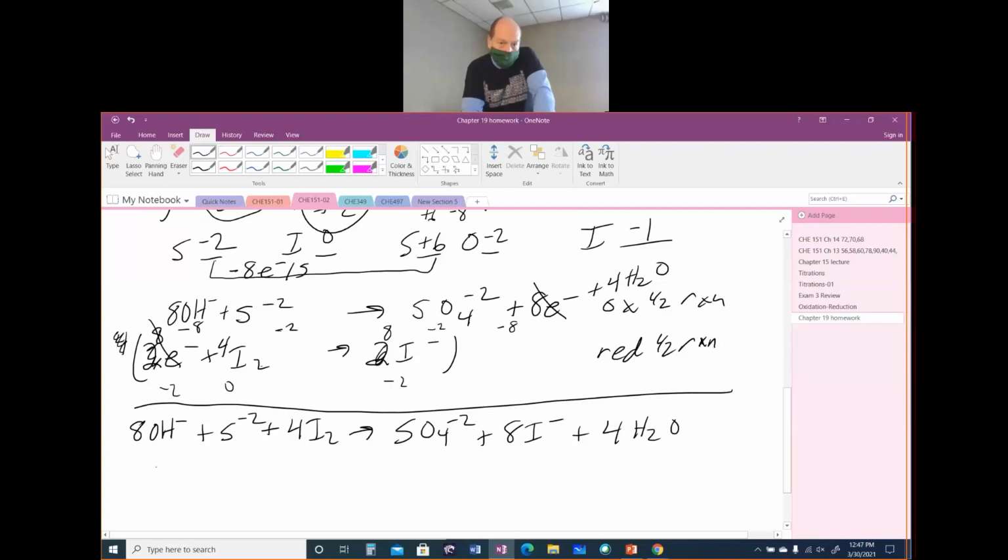All right, so we'll check the charge: -8, -2, so that's -10 on this side, because that's 0. We got -2, we got -8, we have 0, so again, we have -10 on the left and the right. That is our balanced oxidation reduction reaction.